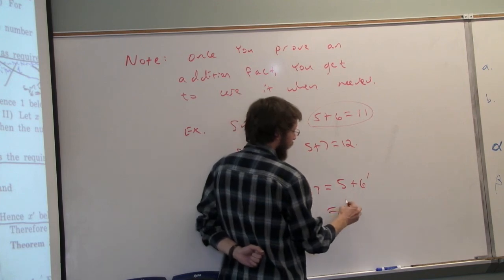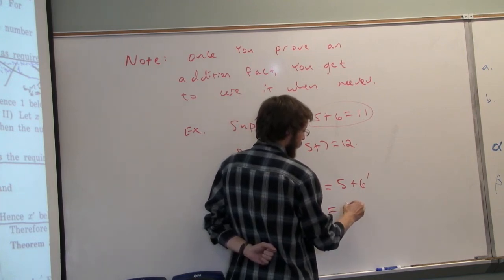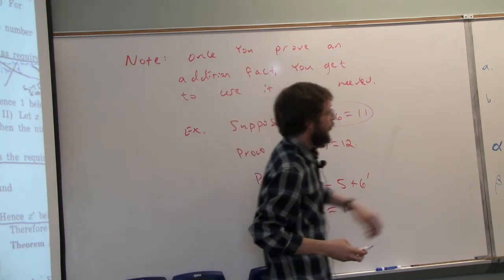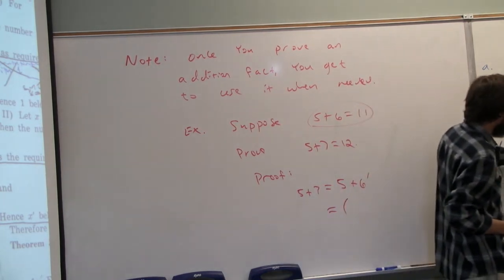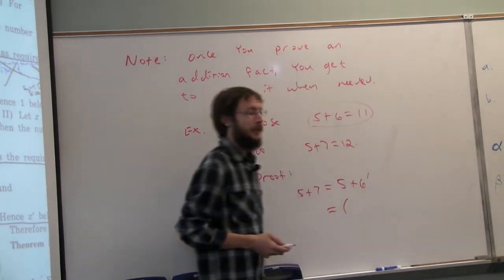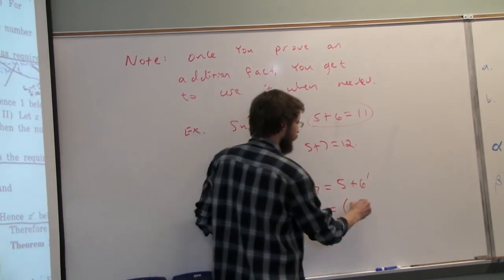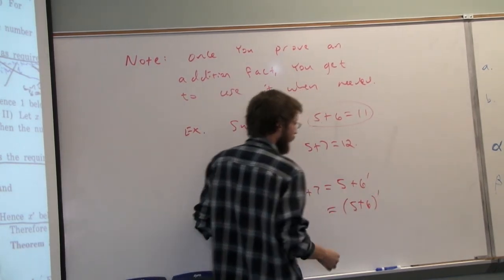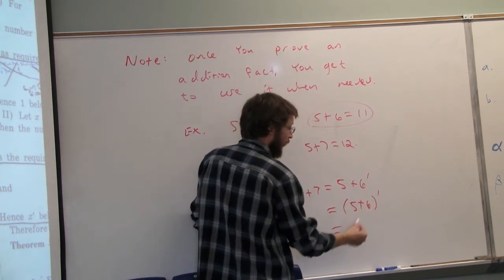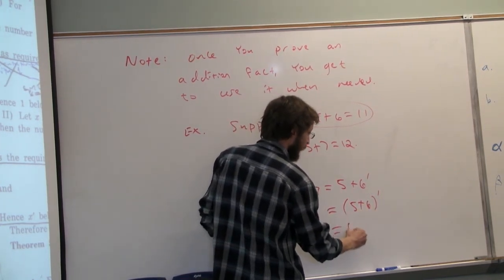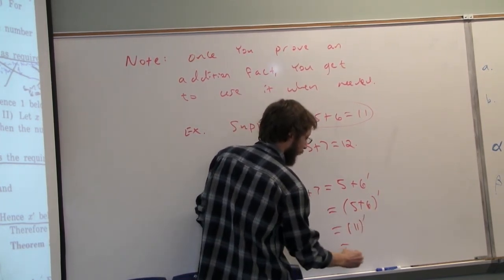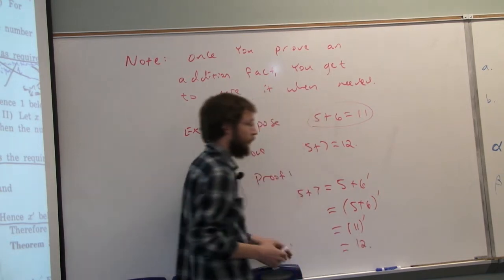Then property beta says that anytime we have a successor on the second term, we can move it outside of parentheses: 5 plus 6, and take the successor of that. And 5 plus 6 we know is 11, and the successor of 11 is 12.